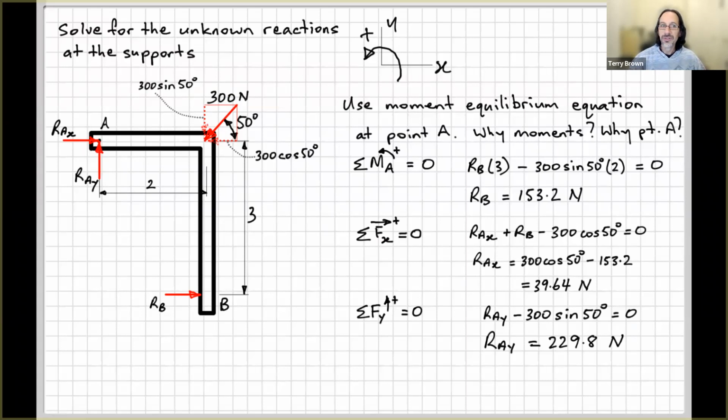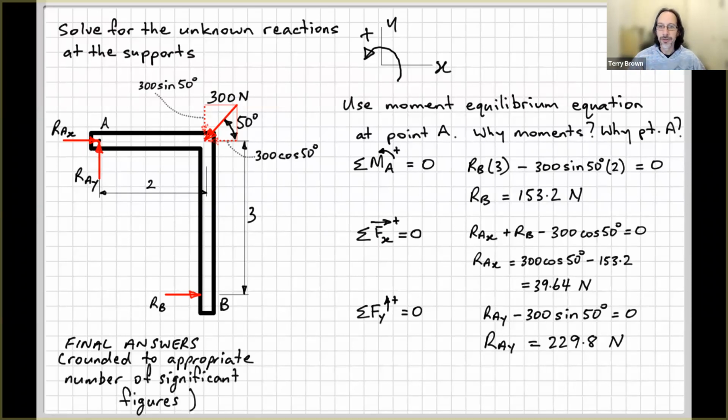All right, so we've answered the question, but we shouldn't really stop there. We should summarise our final answers and round to an appropriate number of significant figures. Mostly in engineering problems, we generally don't know our input values to any more than plus or minus a few percent.